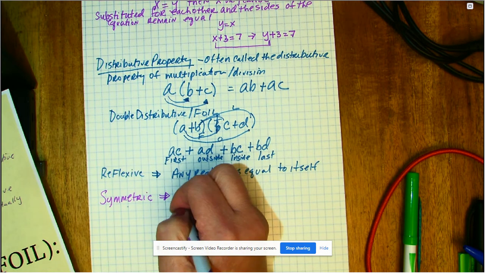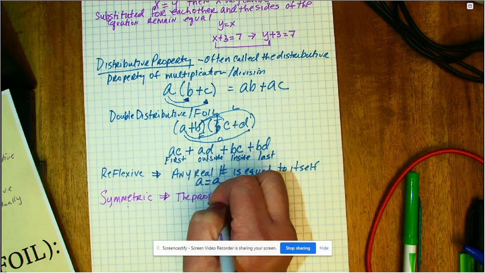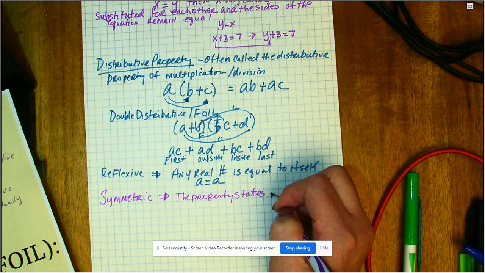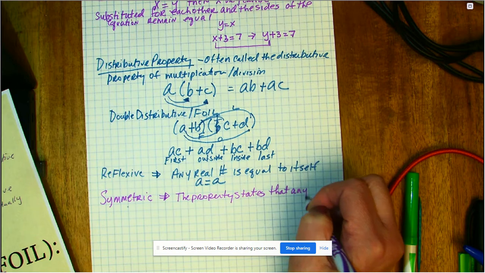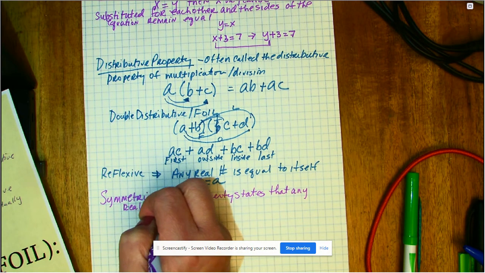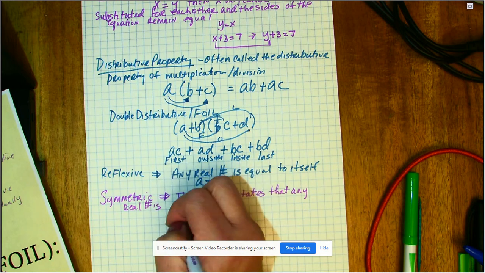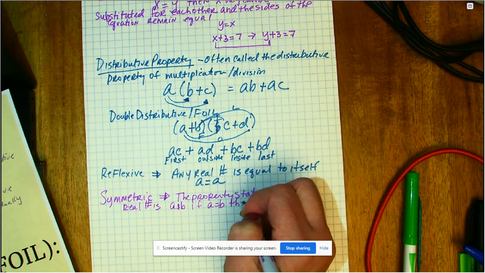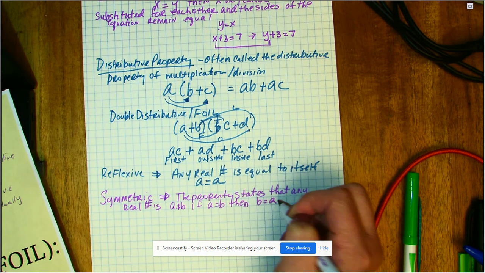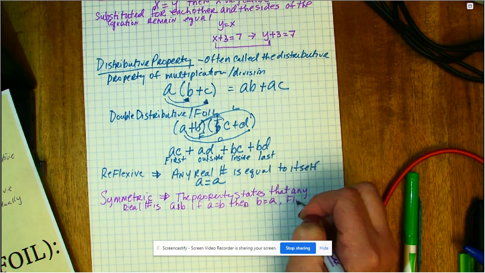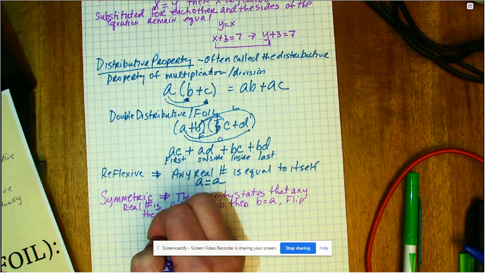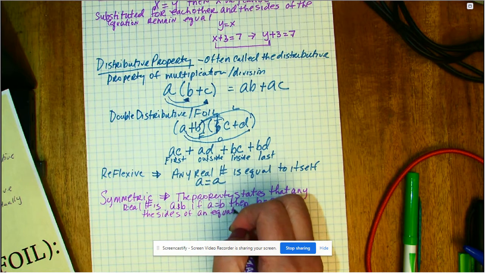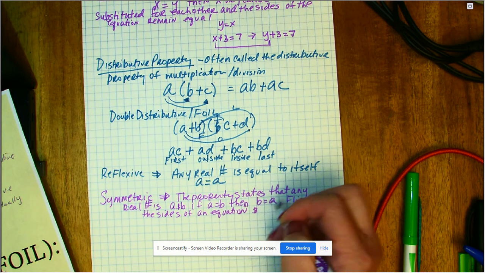So this property states that for any real numbers A and B, if A equals B, then B equals A. In other words, we can flip the sides of an equation and still have the same value.